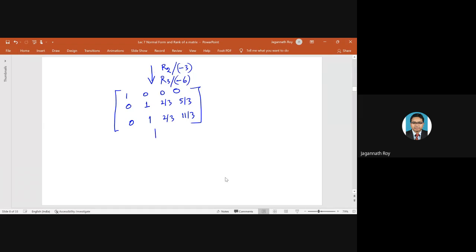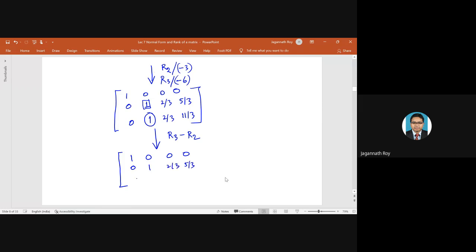Now we want 0 here. This is our pivot element now. We want 0 here, and here also 0. For that, we first make this row operation. So let us write R3 minus R2. So this will become 1, 0, 0, 0, 0, 1, 2 by 3, and then 5 by 3.